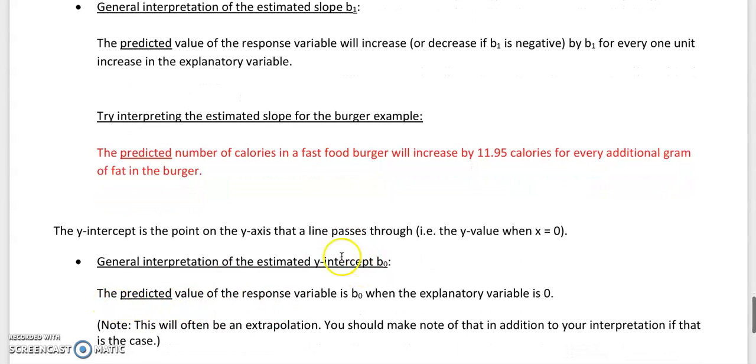We would say that our estimated y-intercept b0 is the predicted value of our response variable when the explanatory variable is 0. But again, for any specific example, if I ask you to interpret your y-intercept, you should add some context. You should use the actual number for b0. You should tell me what your response variable is, what units you're talking about, all of that.